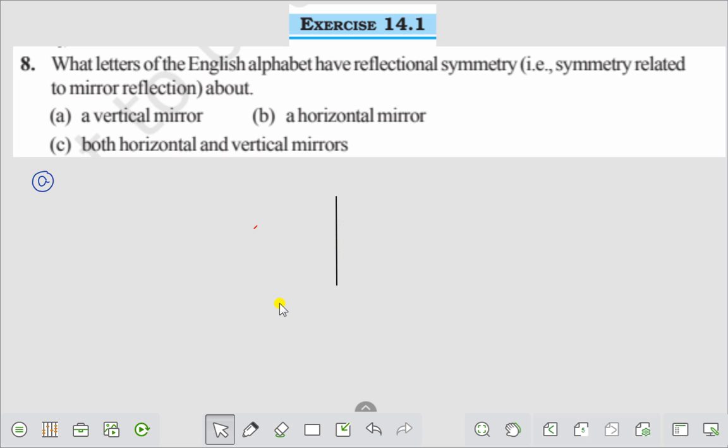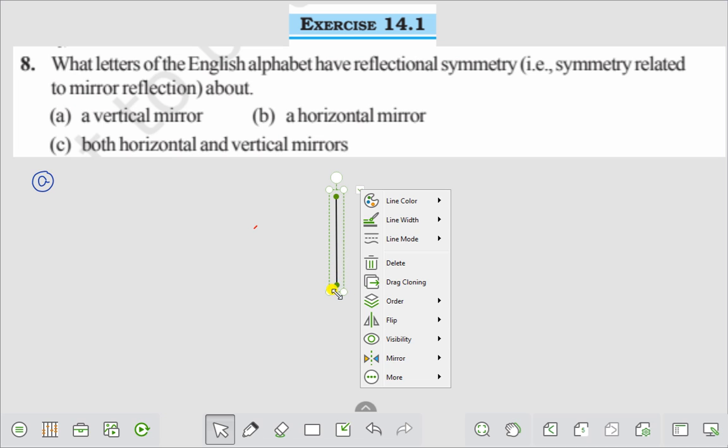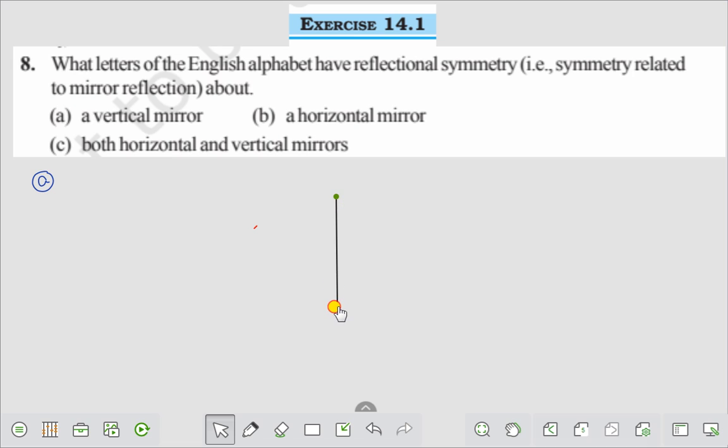And if we take this line slightly longer, we are taking the vertical mirror. This is the mirror, and if I take A, in A the image will be like this, A, in case of vertical mirror.